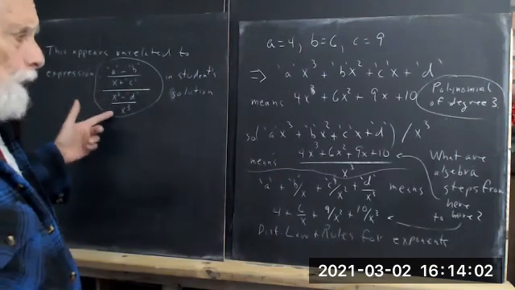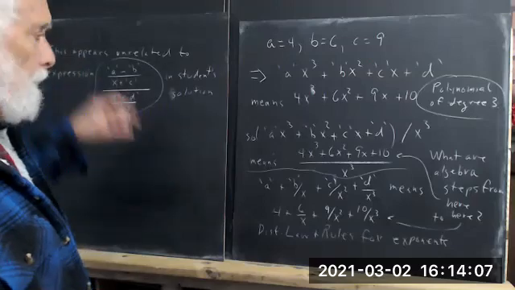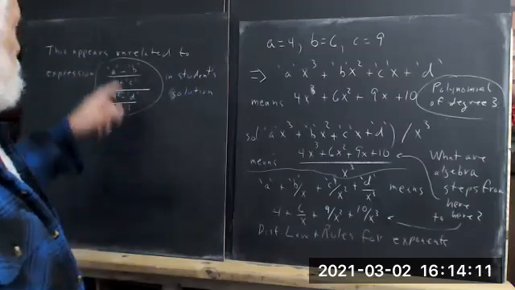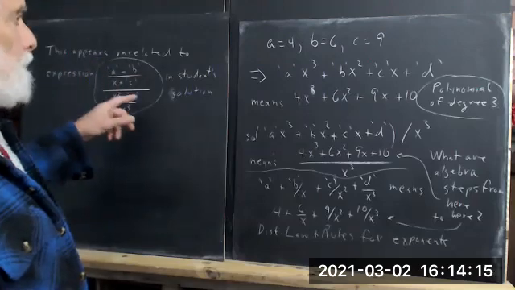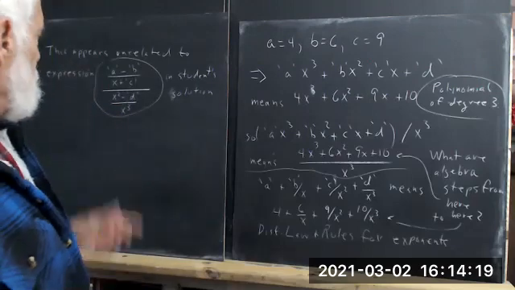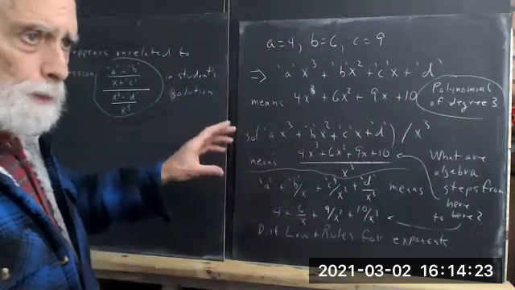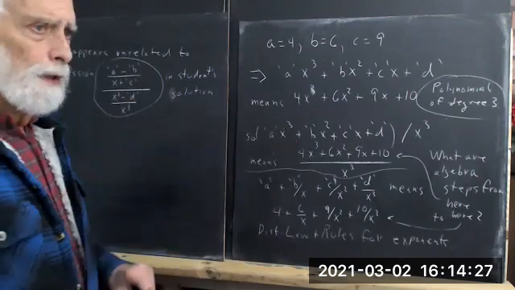Because this doesn't appear to be related to this in any significant way, except that some of the numbers are the same. And of course, this expression then would be what? 4 minus 6 up here, and x plus 9 here, and x squared minus 10, and x cubed here. But this is in no way equal to this. When you plug the numbers in, the expression you get here is not in any way equal to this.